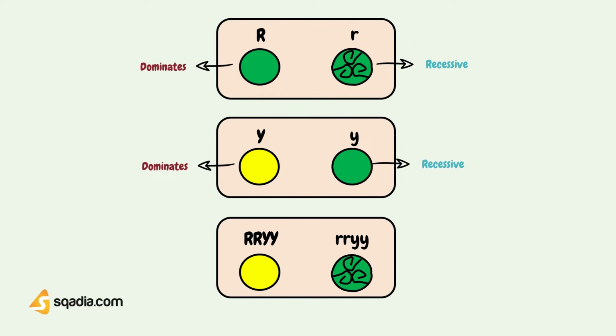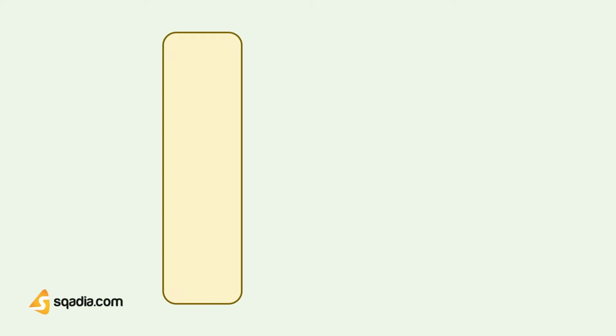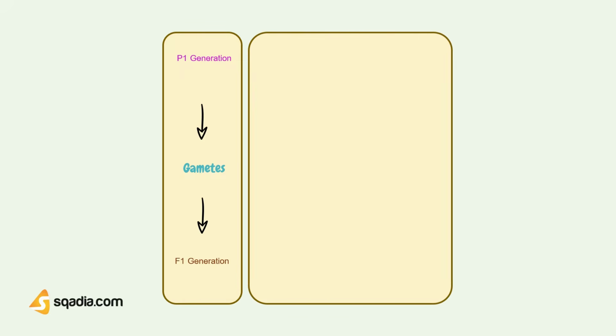The parental generation is denoted as the P1 generation. Gametes will be generated. The offspring of the P1 generation are the F1 generation, called first filial.